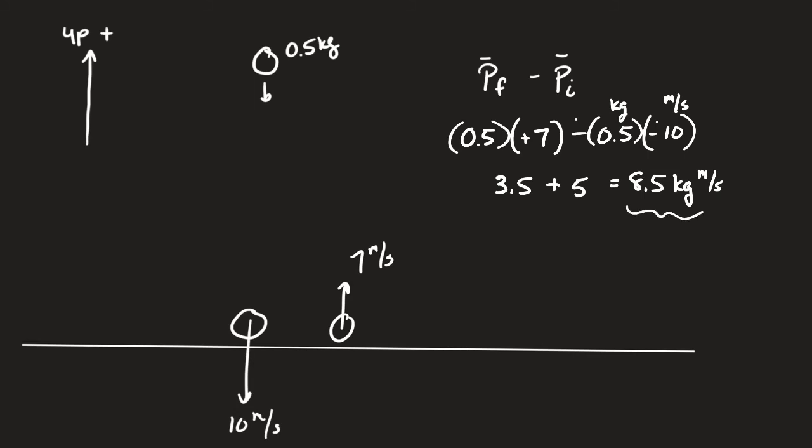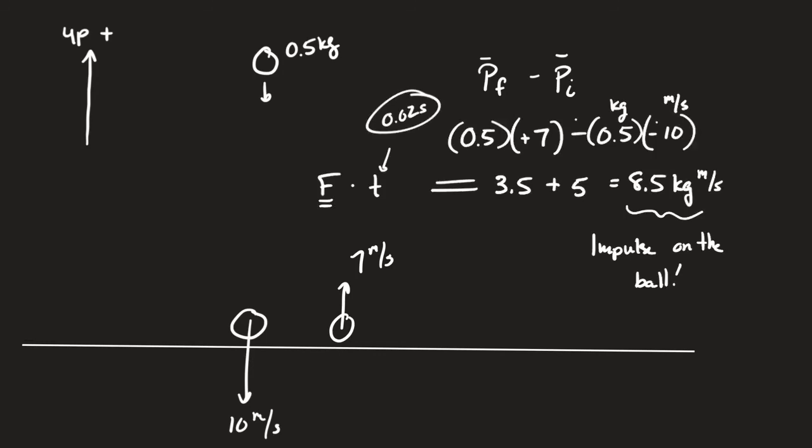We found the momentum change of the ball, which means we found the impulse on the ball. And it was positive. This must equal the force on the ball times the time that the ball is in contact with the ground. This is the force on the ball. Now we can find that because I said that it was in contact with the ground for 0.02 seconds.